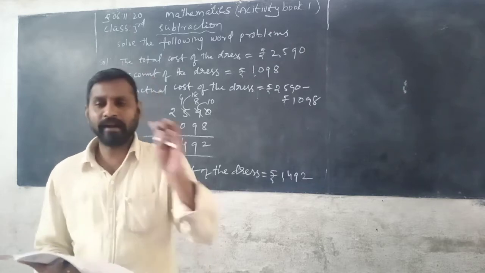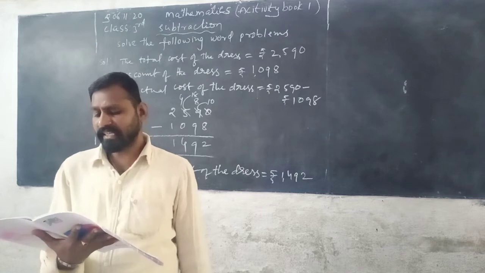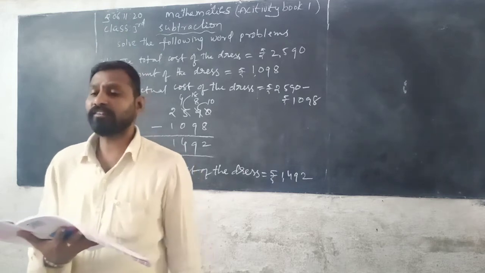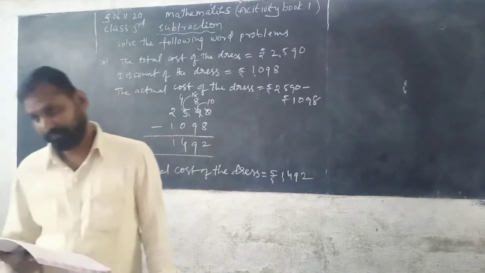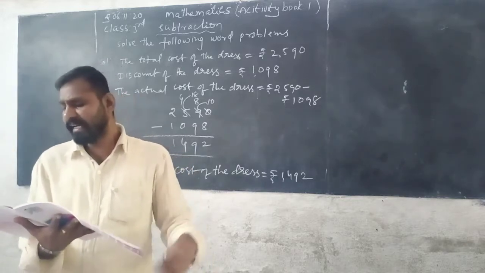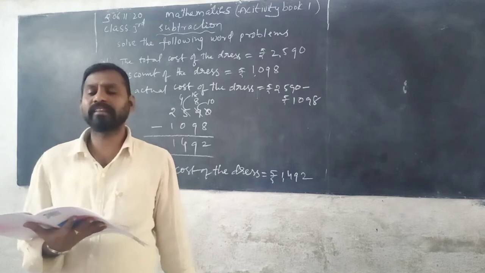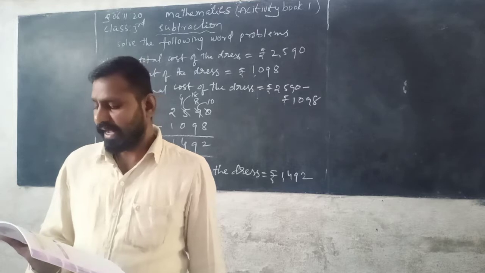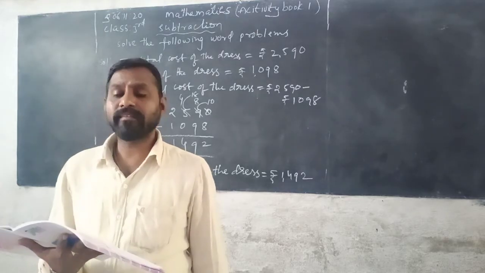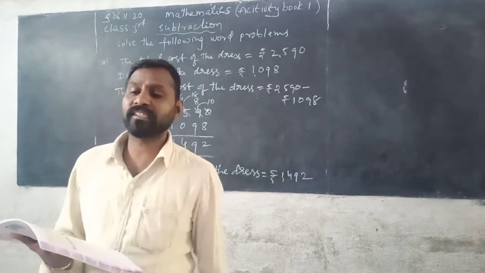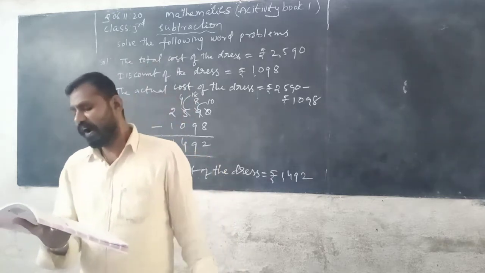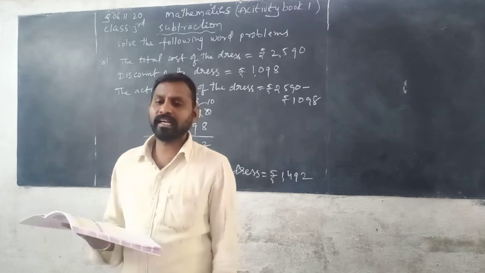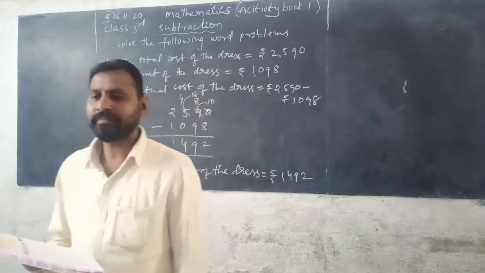Then again she saved 1140 rupees in the month of March. How much money does Leena have now?